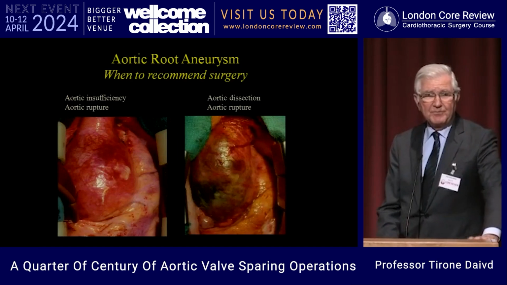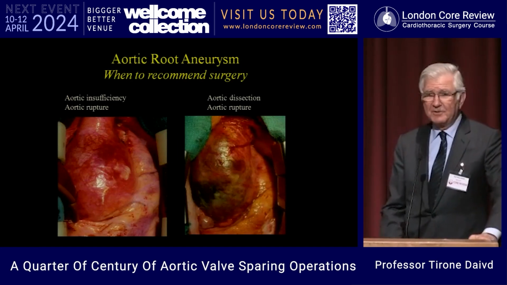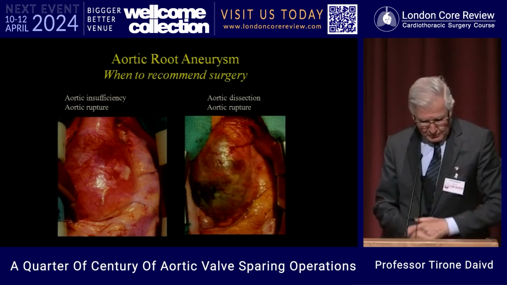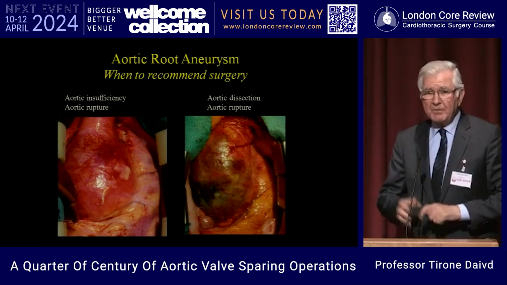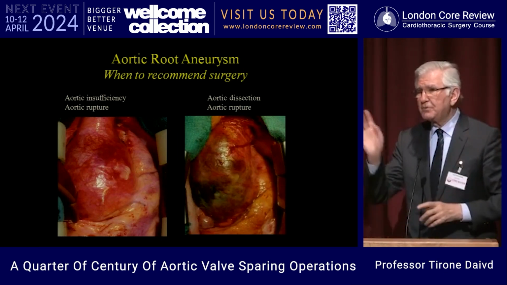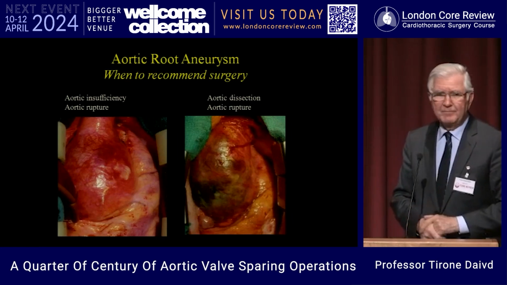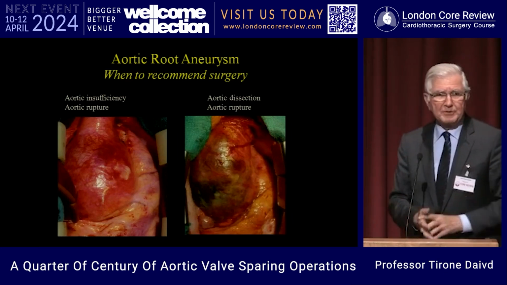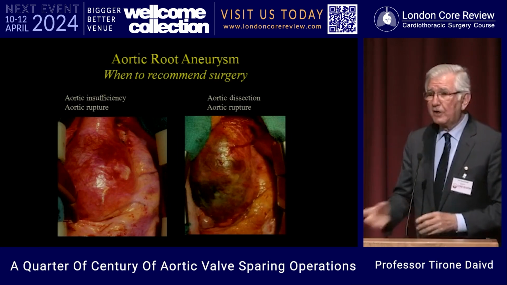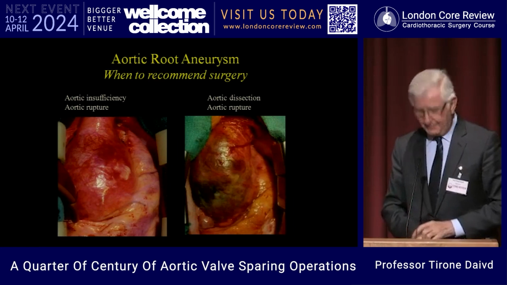We have to fix pipes now until they discover the molecules, modulation of the molecules. We operate on aortic root aneurysm because they develop aortic insufficiency or the aneurysm might rupture. If they rupture, you don't see them anyhow. They die suddenly. They don't come to you. They're all TOPS material. Or dissection, and the lucky ones make it to a hospital.